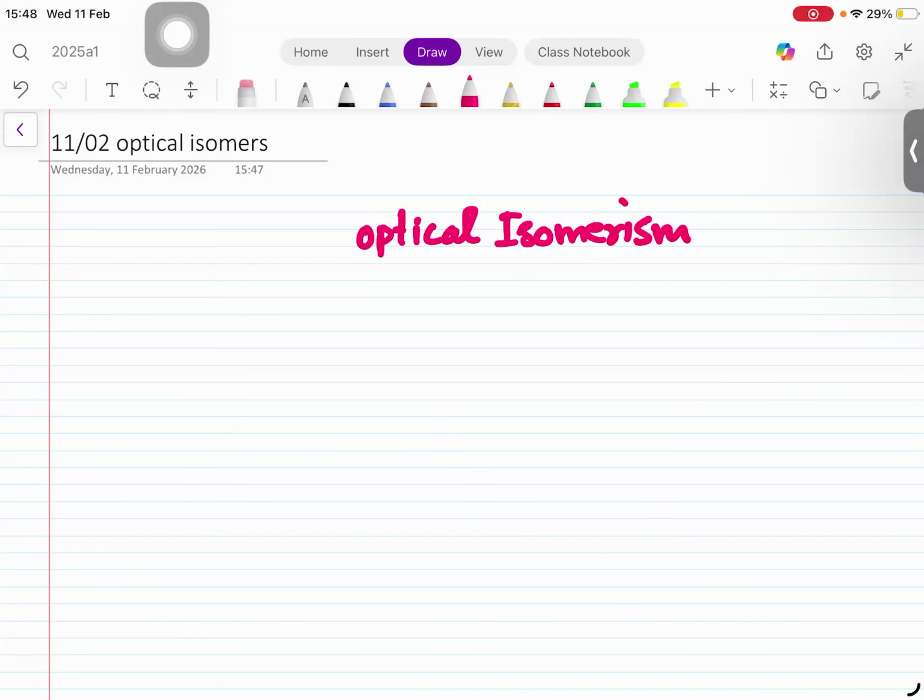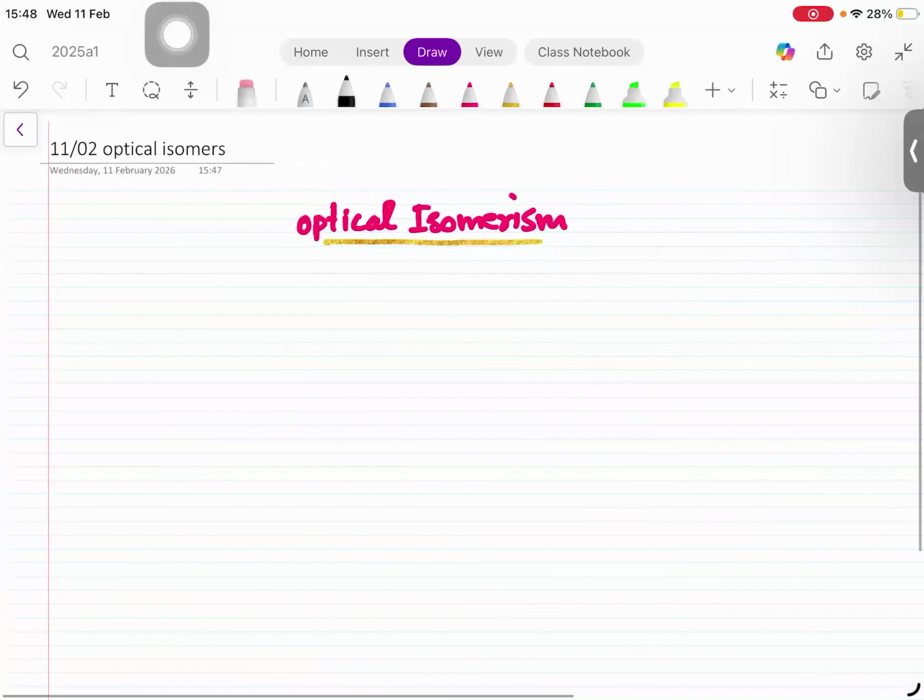When an organic compound is asymmetrical, it shows the phenomenon of optical isomerism. The basic thing required is the chiral carbon. A carbon which is attached to four different atoms or groups is known as a chiral carbon.